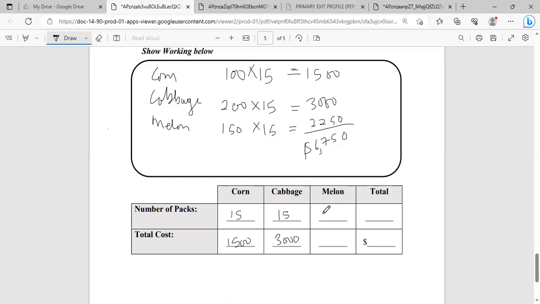Melon, we had bought 15 packs also, and it works out to 2,250. So the total would be 6,750. I don't think they should penalize you guys for that. The total bought was what, 45? So it should have been 45 packs in all. And there we have it. I think that's about it.